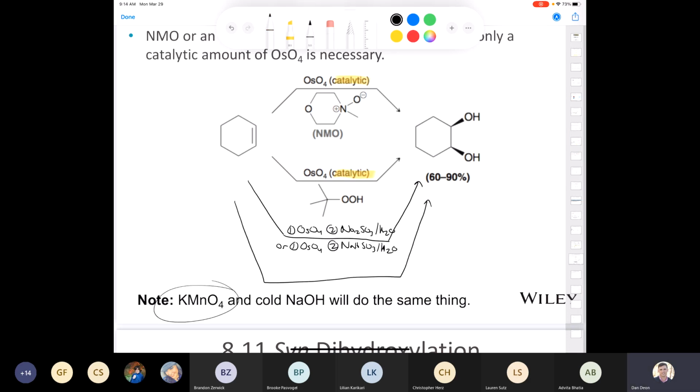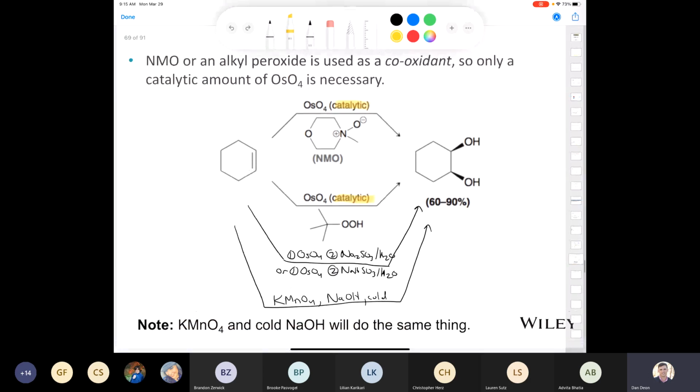It says here that potassium permanganate and cold sodium hydroxide will do the same thing. To use that, you just use KMnO4 and sodium hydroxide, and you keep the whole thing cold, at low temperature. The problem with this, and you can see there are all kinds of problems with every reaction in organic chemistry, is that potassium permanganate is such a strong oxidizer that it just oxidizes everything.